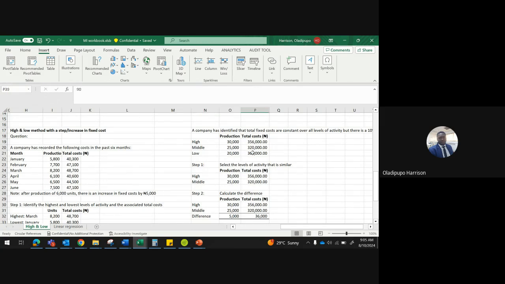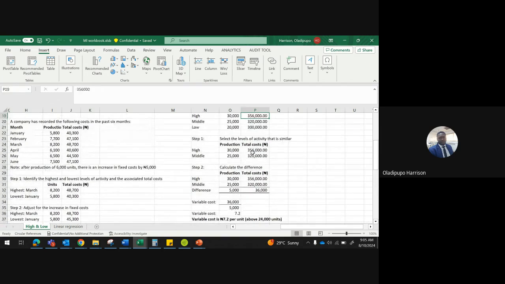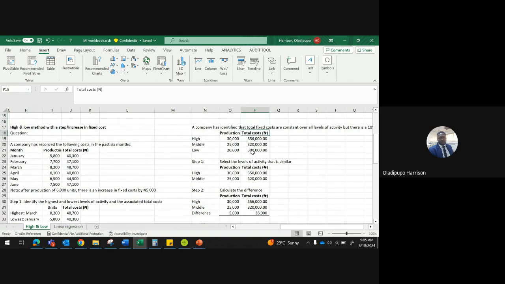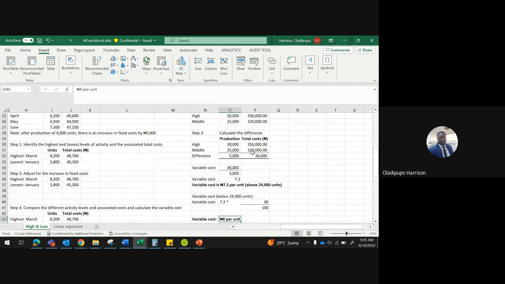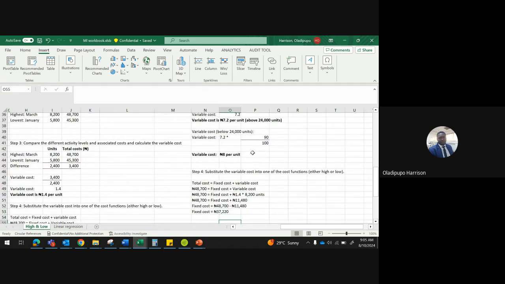Do you understand? Yes. And if we are using 7.2, you can use either of these two activities. That means you can use high or low. So let's use high. That's 356 and 30,000.